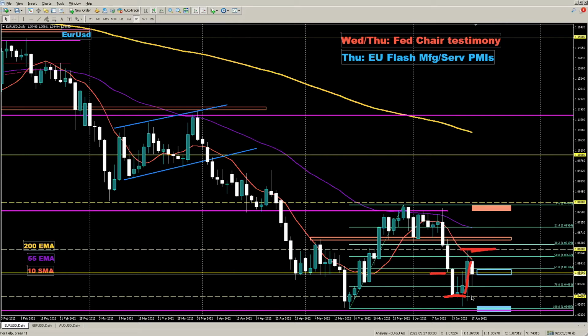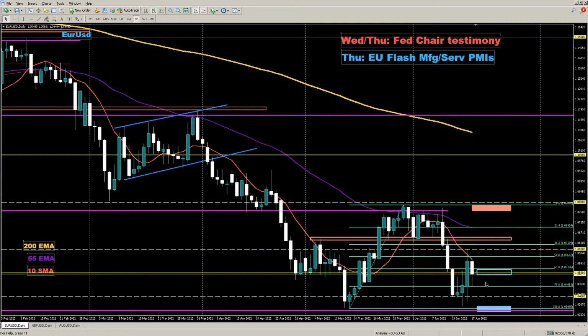So the main range for last week was between these two round figures, a range of about 200 pips, before falling back down into the center of the range at 105 again by Friday.